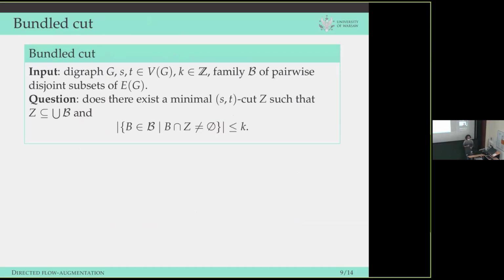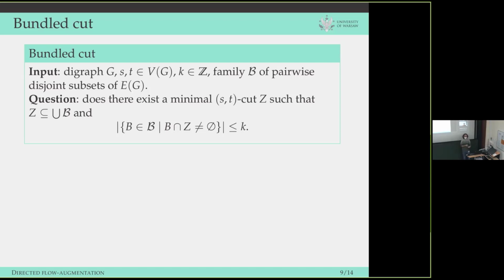Okay, bundled cut. So I want to now argue that something more general than the previous weighted bi-criteria cut, but now I drop weights, but you can add weights to this problem as well. But for simplicity, let's drop weights. So say that you have got a digraph, and you want a cut, again, a cut from S to T, but the edges of the digraph are bundled in disjoint bundles, and you pay 1 to delete the entire bundle.